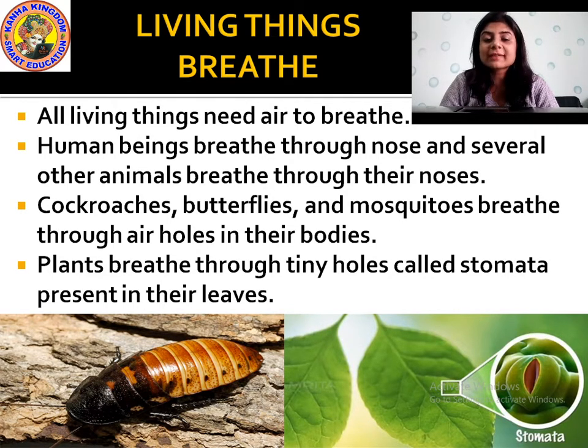And human beings and some animals like dog, cat, cow, giraffe, buffalo breathe through their nose. Fishes breathe through their gills. Okay. So these are some animals which can breathe. This is the characteristic of living things, that they can breathe, because living things need air to live.